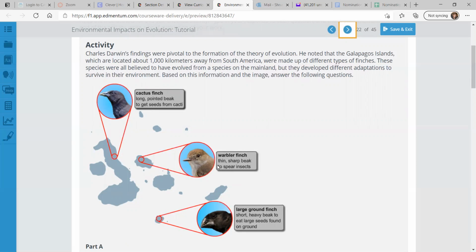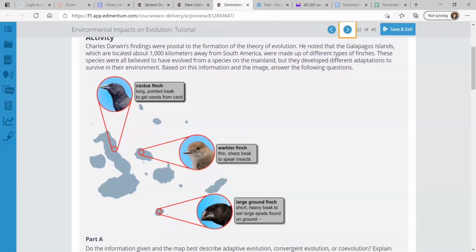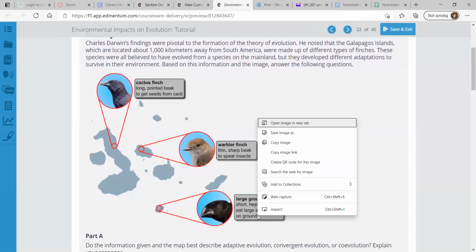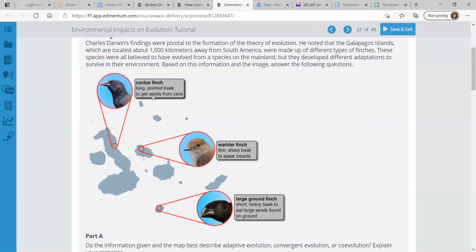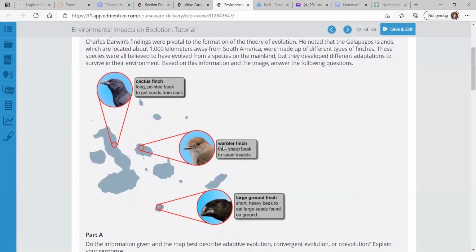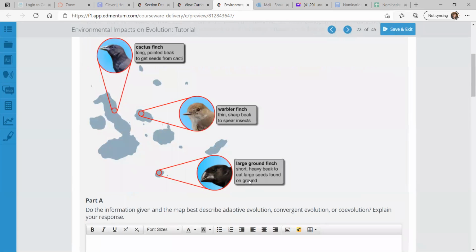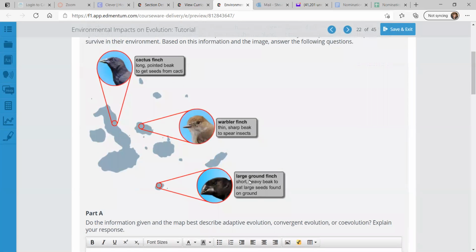So here's the Galapagos Islands, and then you have a cactus finch, a warbler finch, and a large ground finch. And it gives you characteristics of their beaks and how they find food. What's their food source? So the cactus finch has a long pointed beak and it gets seeds from cacti.